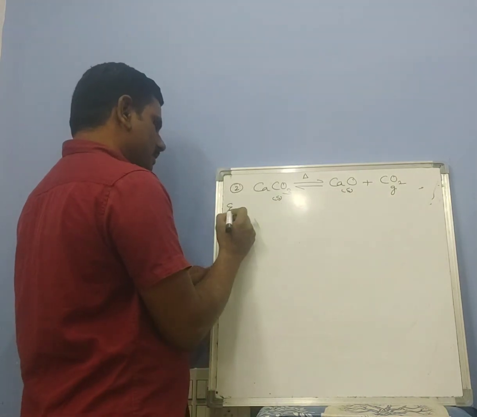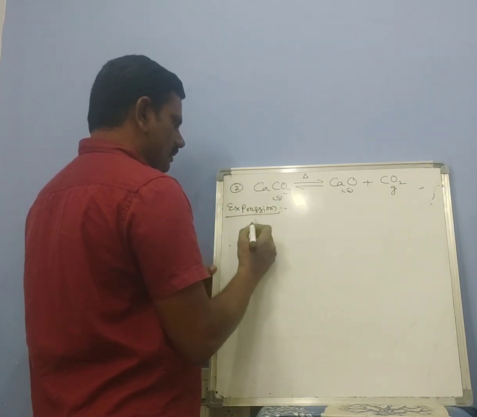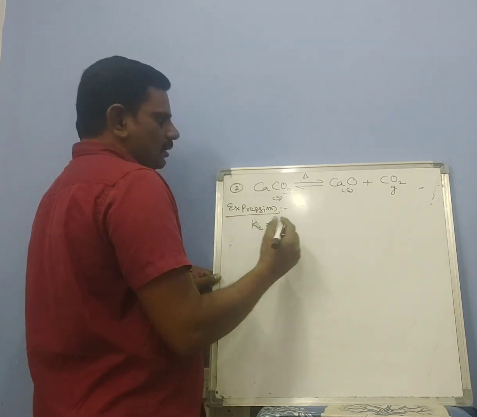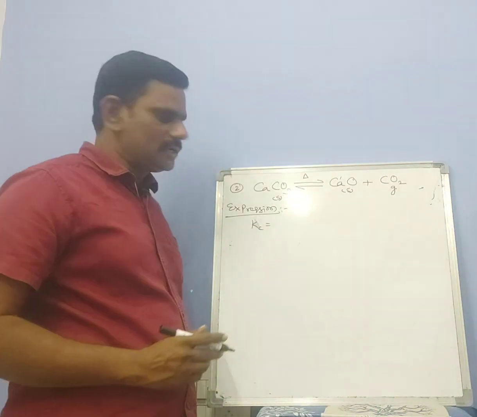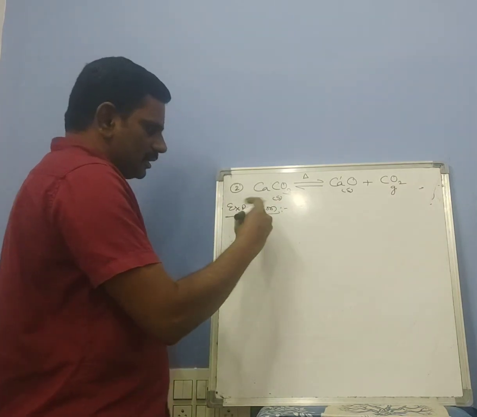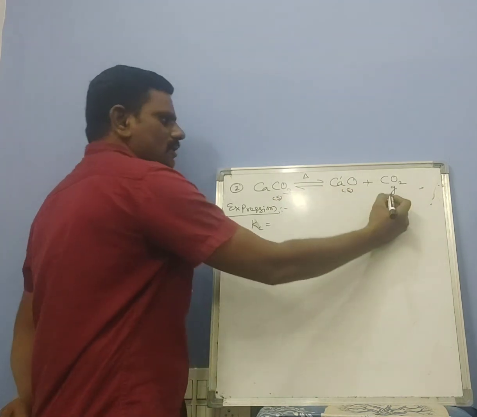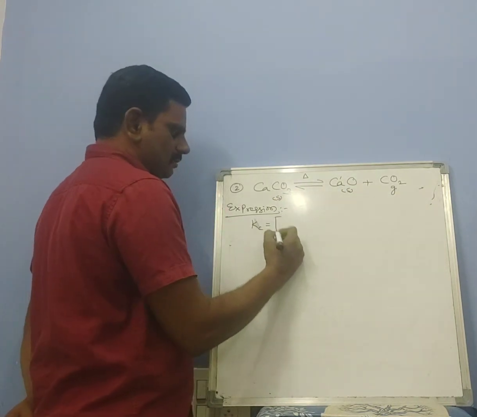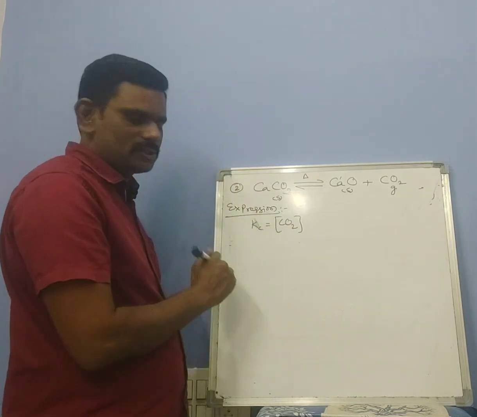So first, the expression of Kc and Kp. See Kc. The active mass of solids is 1. We cannot write solids in the expression. So what can we write? Only the gaseous term, CO2. So this is the expression of Kc for the above reaction.